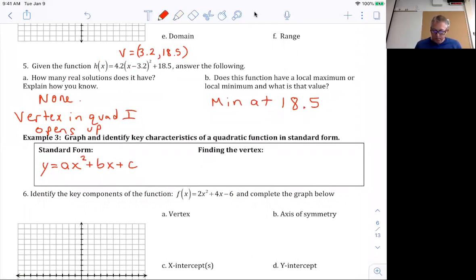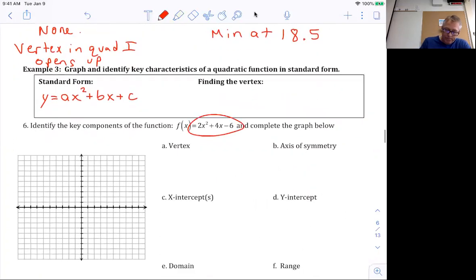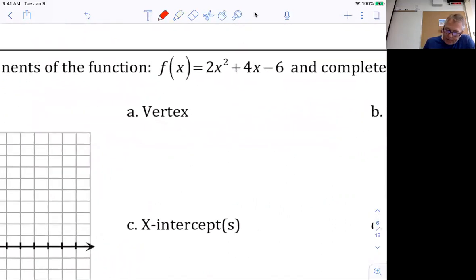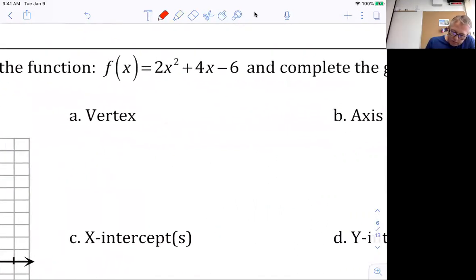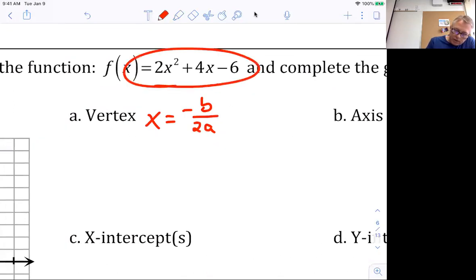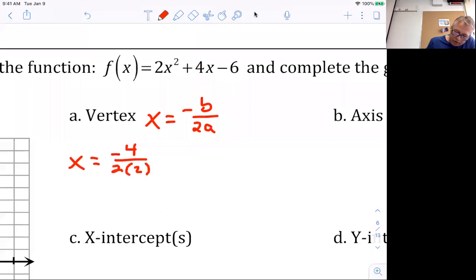That helps. All right. So here's how we find the vertex if something is in standard form. We find the x value by doing negative b over 2a. So in this case, my x is going to be negative 4, that's the b value, over 2 times 2, because our a is 2.